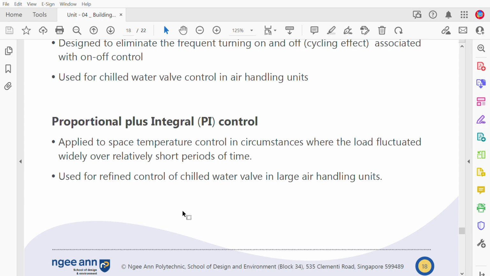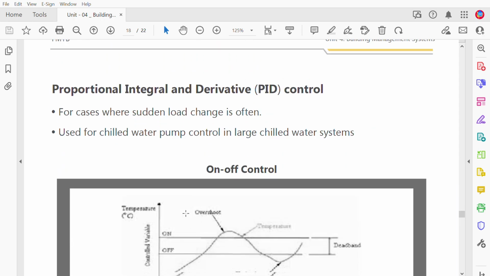From 1 to 4 degrees, I can raise at a very fast speed, and then it attenuates down. So this type of control, a lot of the time we call it proportional integral control, that handles the chilled water bath or some of the air handling units.